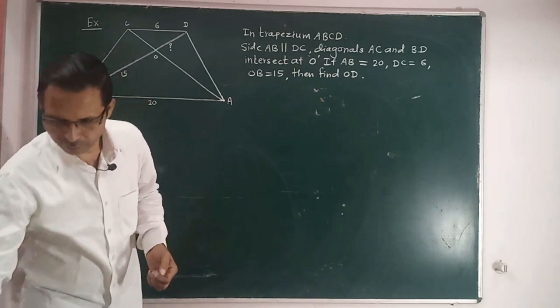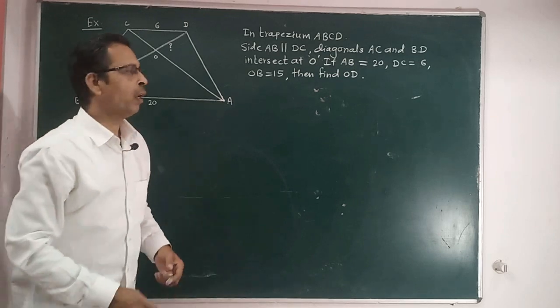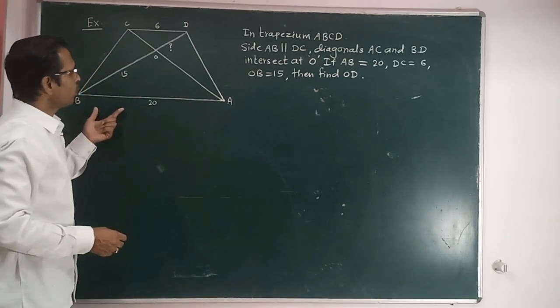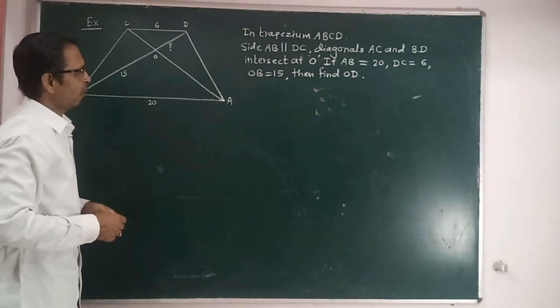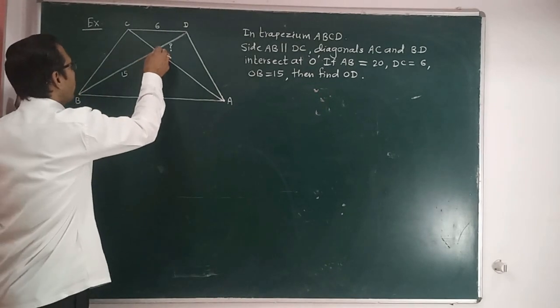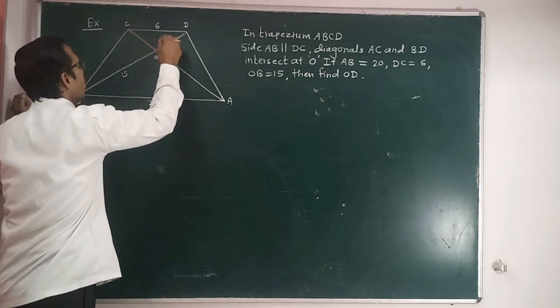Now in the previous example we already learned this. Here we have to show which two triangles are similar. We take the first triangle, that is COD.